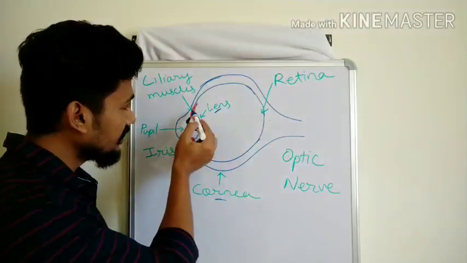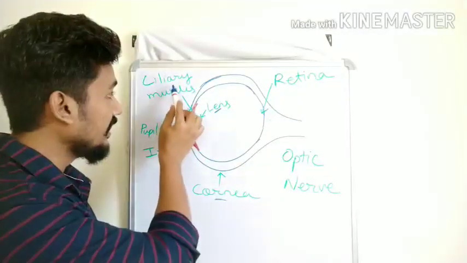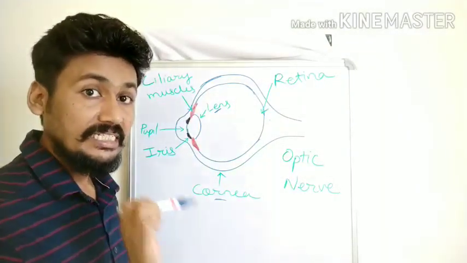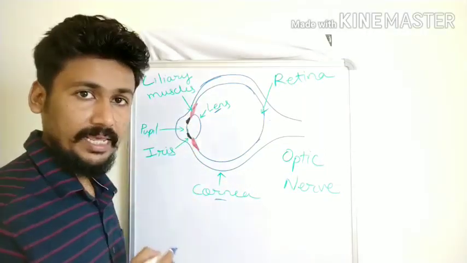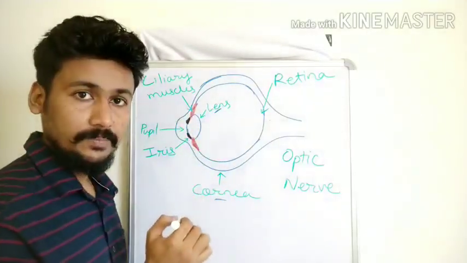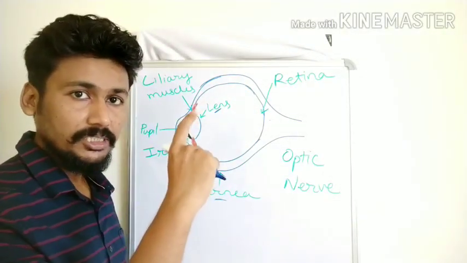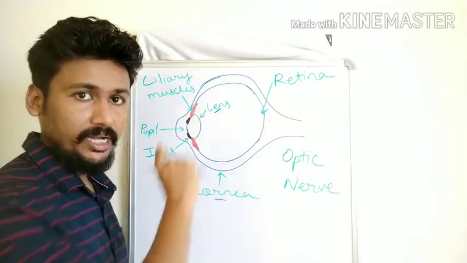Then you will see the lens is connected to these muscles. These that I have shown in red are called the ciliary muscles. These ciliary muscles are attached to the lens. The function of the ciliary muscles is to stretch or contract the lens.